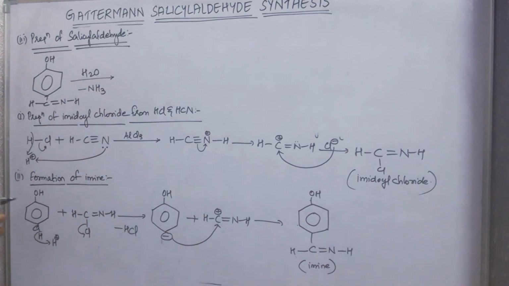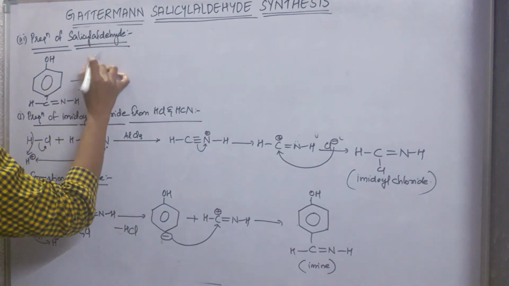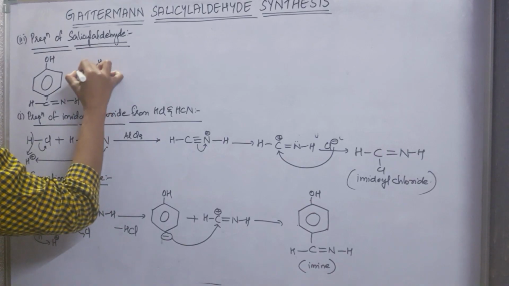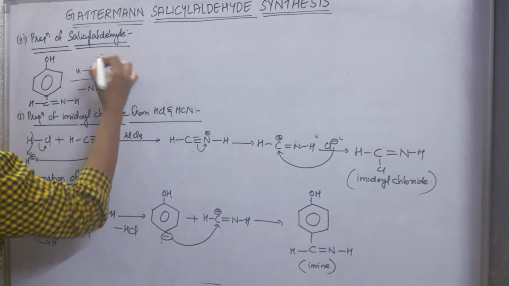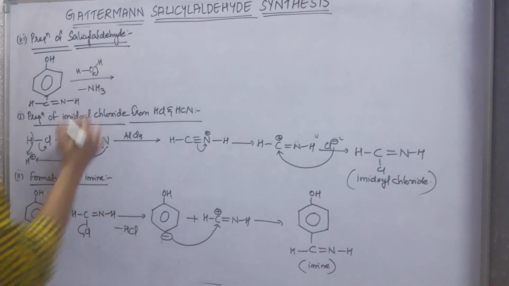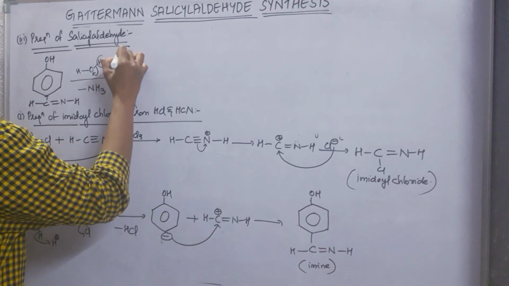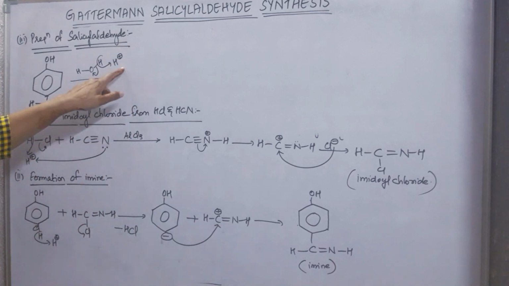So how is NH3 eliminated? Now from H2O, oxygen, an electronegative atom, will take the bond electrons from hydrogen, and hydrogen will come out in the form of H plus.